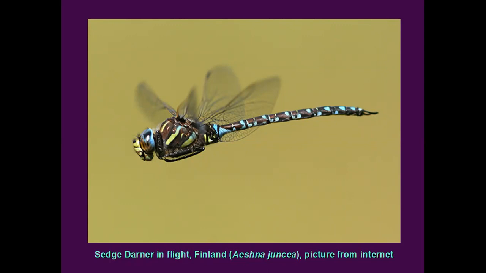So if somebody finds sedge darners elsewhere, we'd certainly like to know about it. They're probably on the decline because they are a boreal species, and boreal species are being pushed north, just like Canada jays and boreal chickadees. They're becoming less common. There are a few other species like that in the Maritimes that are becoming less common, and the sedge darner is one of them.